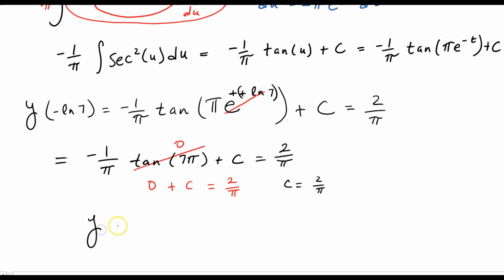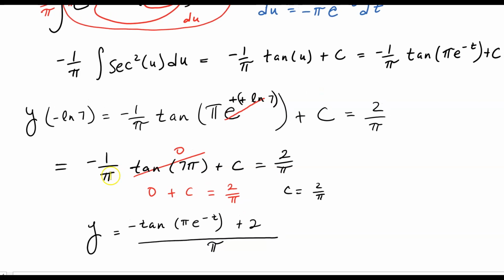And so our initial equation that we found here is that we have the tangent of, or the negative tangent, I should say, pi e to the minus t, right? And I'm going to say plus 2, and it's all divided by pi, because if you look back over here, it was 1 over pi, 2 over pi.